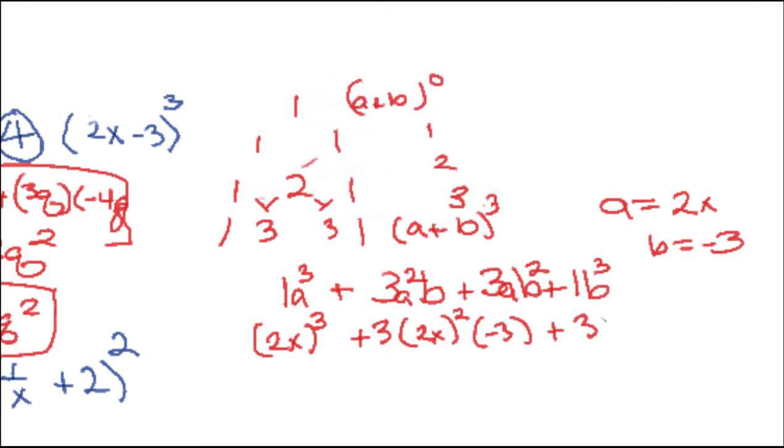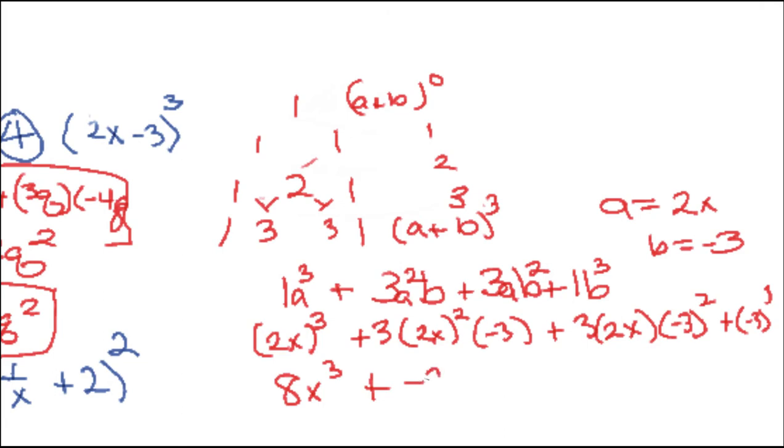Sorry about that. 2x times negative 3 squared, and then plus a negative 3 cubed. So the first one becomes 8x cubed. The next one becomes, I'm going to multiply those and get a negative 9. So we can erase that plus sign right there.